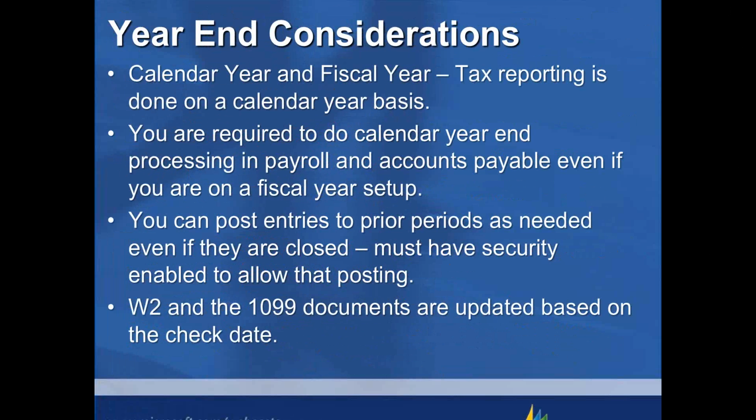You can post entries to prior period to make adjustments if necessary, even if they are closed. However, that is dependent on some of the security that's set up in the general ledger setup screen as to whether or not you can post to prior periods or not. It might be that you have to temporarily open that up in order to be able to make prior month or year changes.